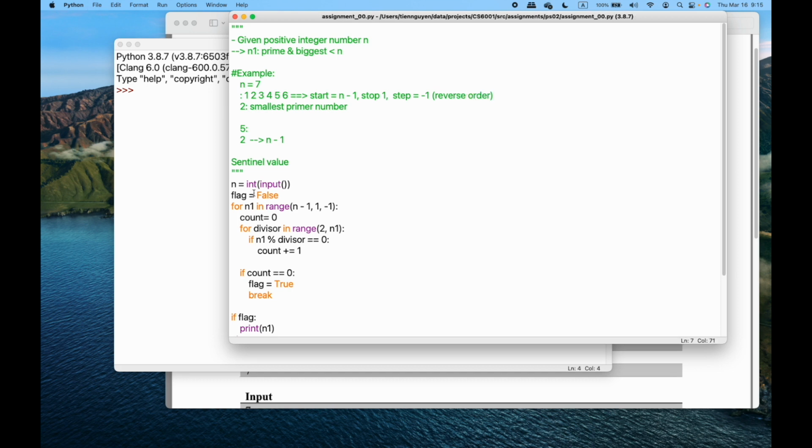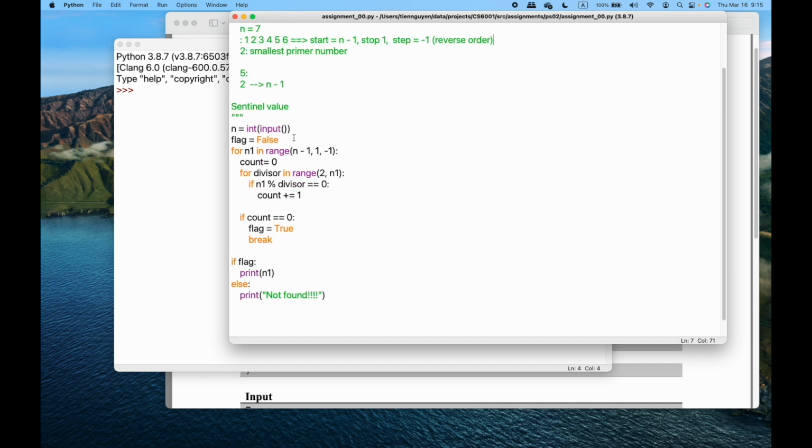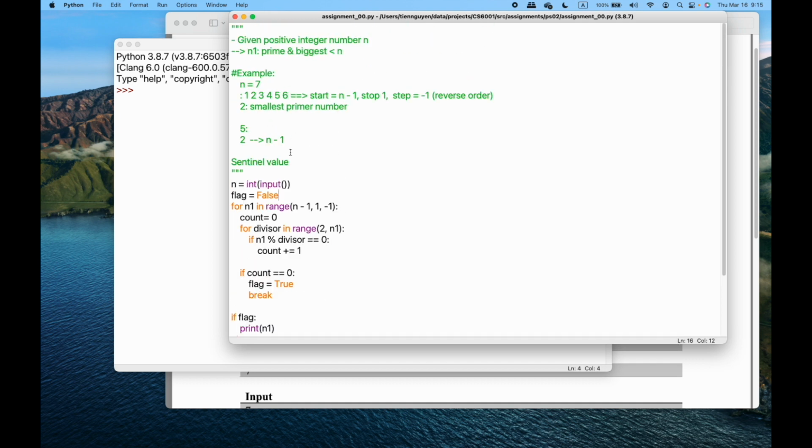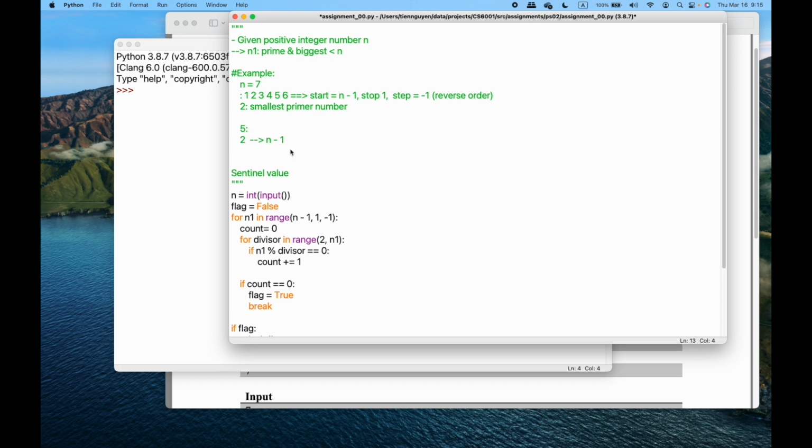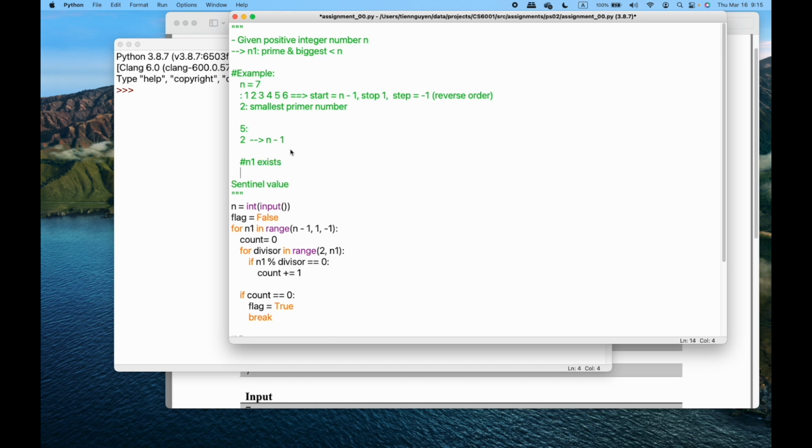For example, here I provide some implementation for you. We have two cases. The first one is where n1 exists, and the second case is where n1 does not exist.